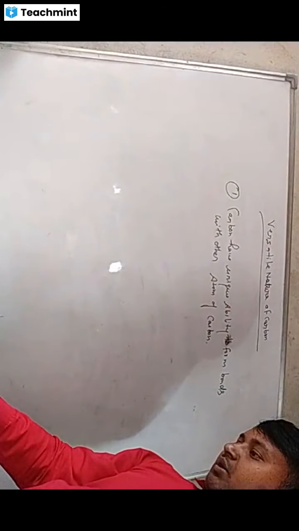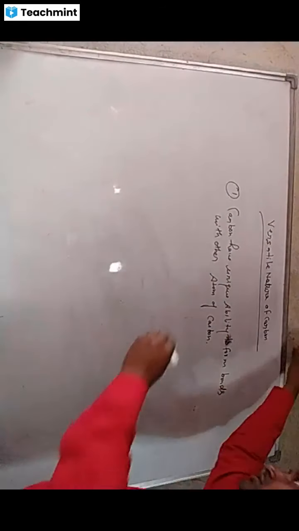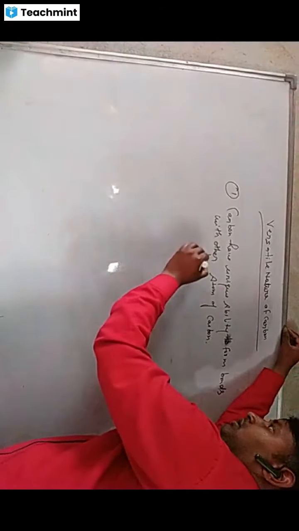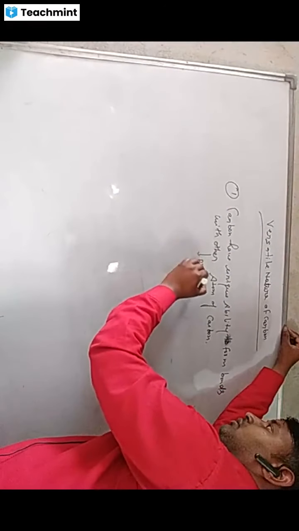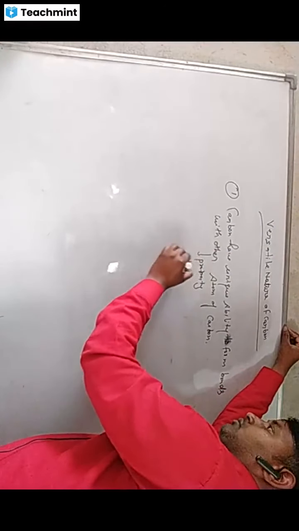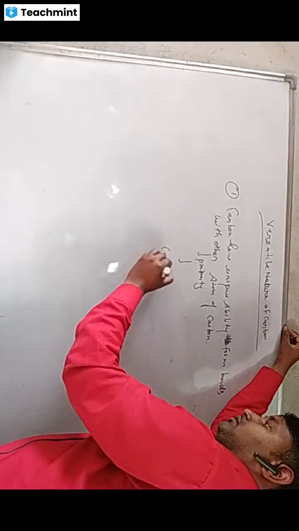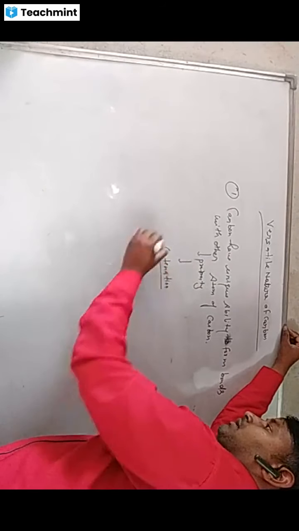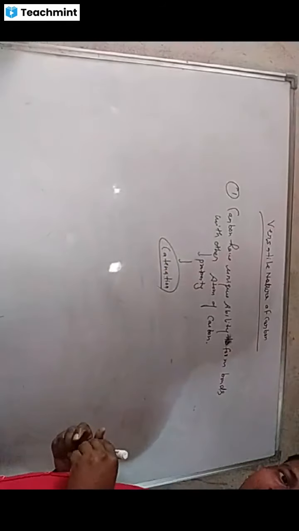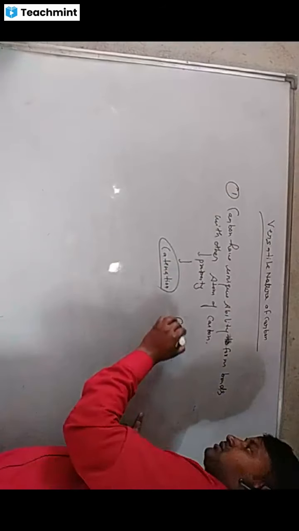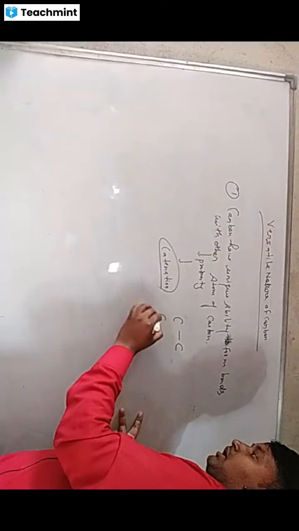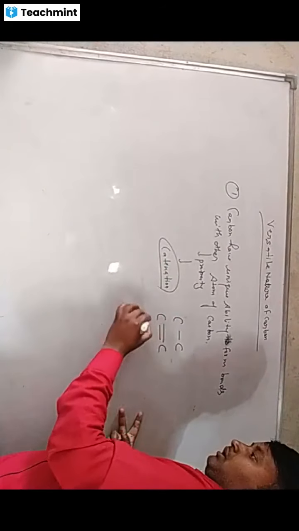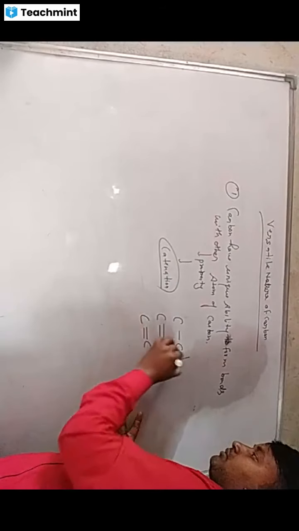This property is known as catenation. It means carbon single bond carbon, carbon double bond carbon, carbon triple bond carbon.